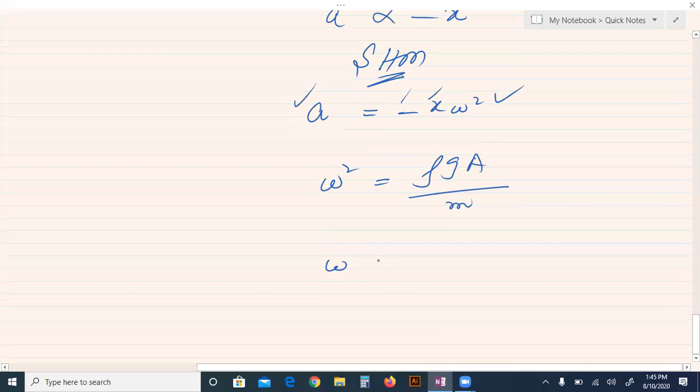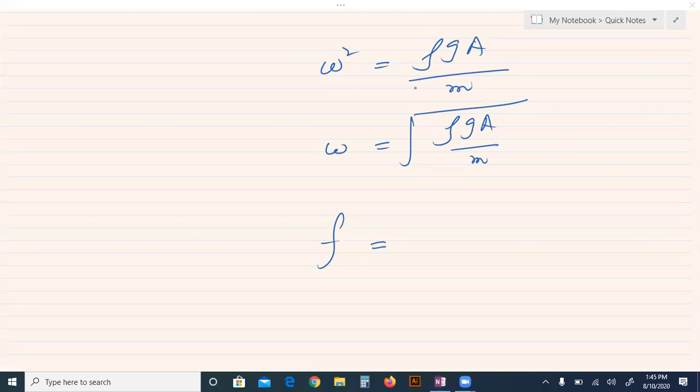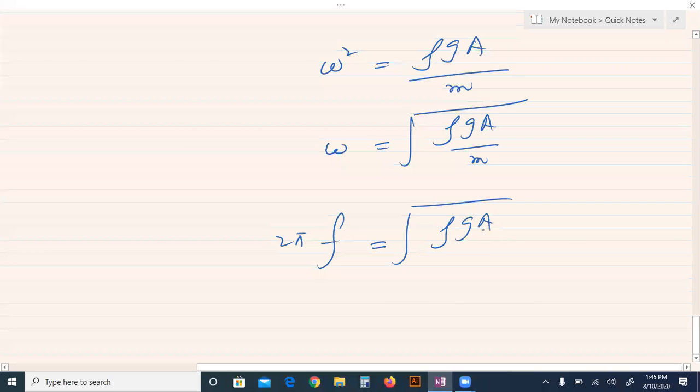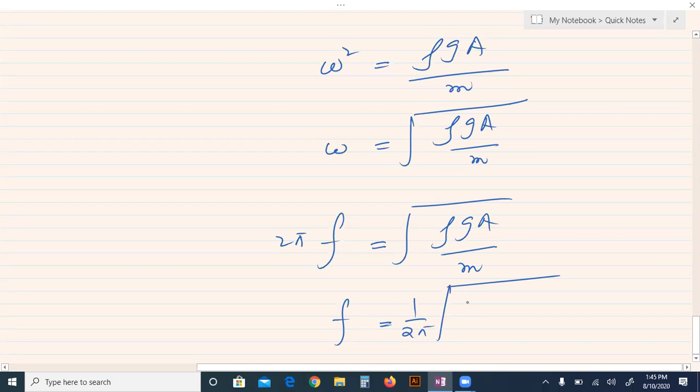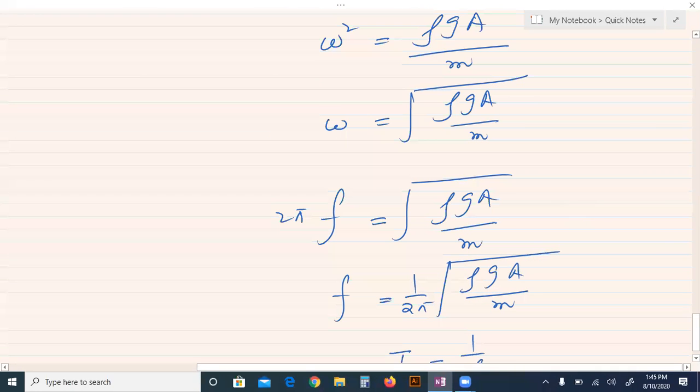So omega is equal to under root rho g A over m, and because omega is equal to 2 pi f, the frequency f is equal to 1 over 2 pi under root rho g A over m. So this is the frequency, and then we can determine the time period by using T is equal to 1 over f.